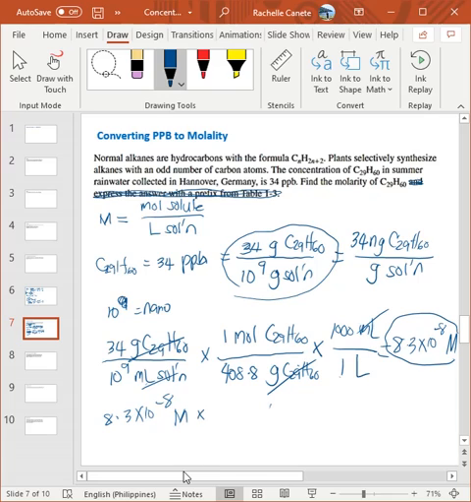For every 10 to the minus 9 molar, it's equal to 1 nanomolar, right? Basta raised to the power of 9, that's nano. Okay? That means we have 83 nanomolar. Okay?